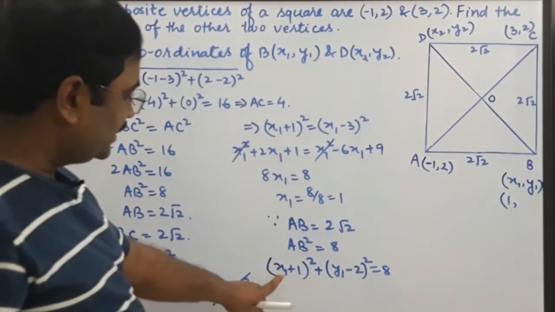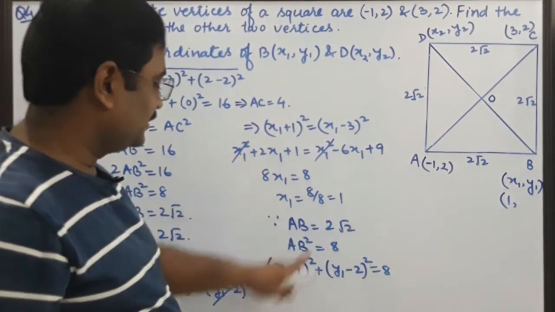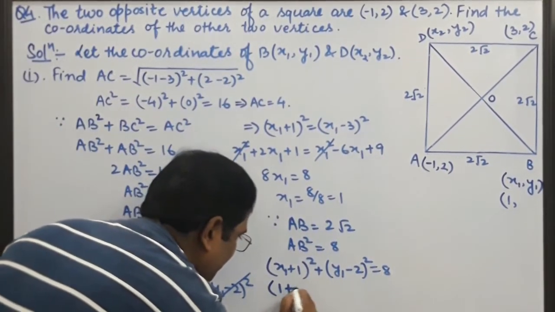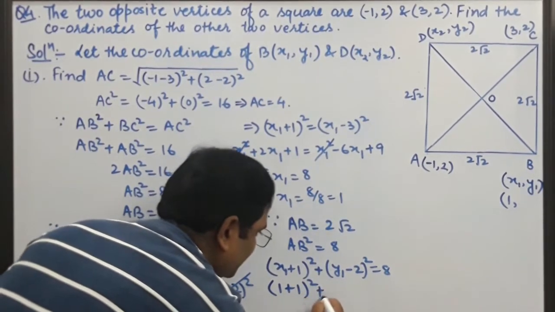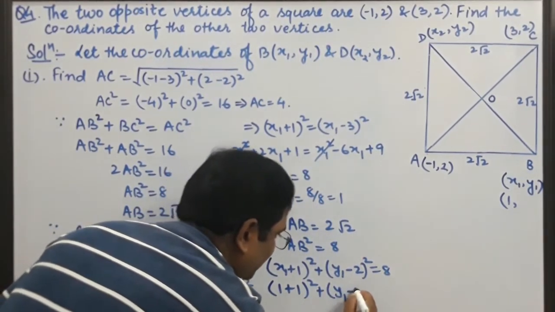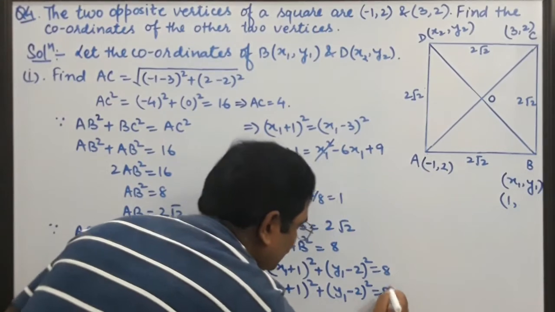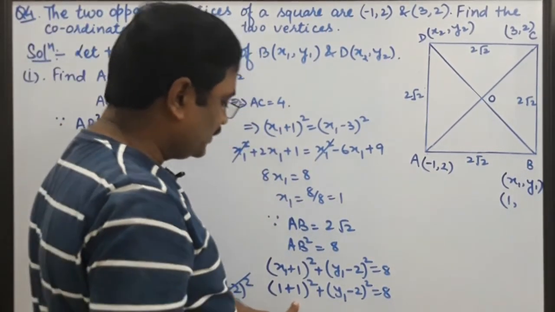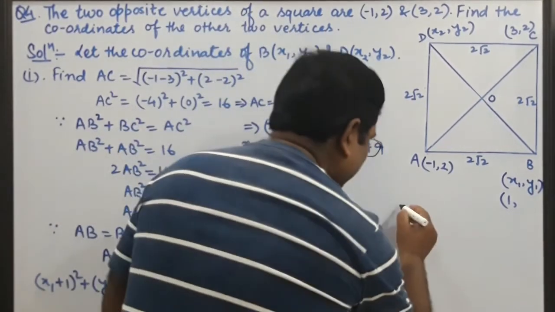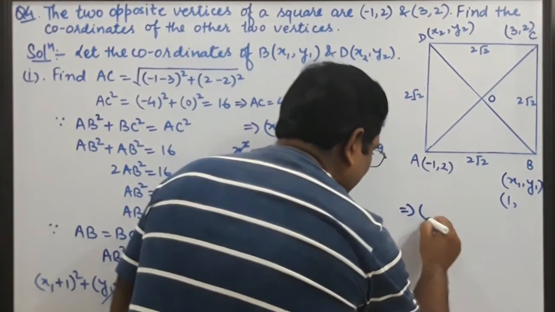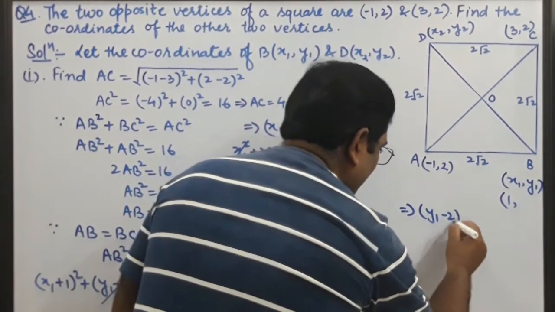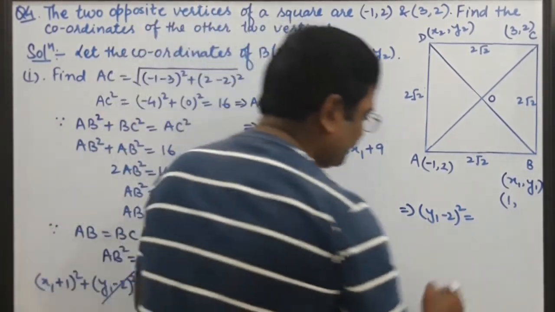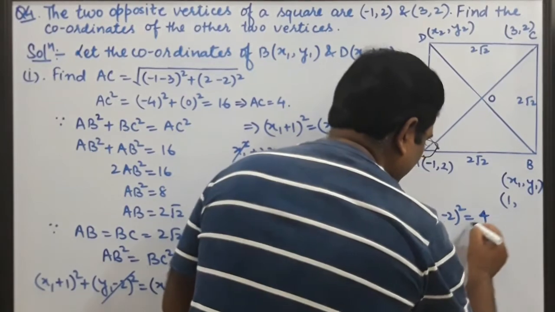Now the value of x1 is 1. So it can be written as 1 plus 1 whole square plus y1 minus 2 whole square equals to 8. So this is 1 plus 1 is 2, 2 2s are 4. You can write it y1 minus 2 whole square equals to 8 minus 4, that is equal to 4.